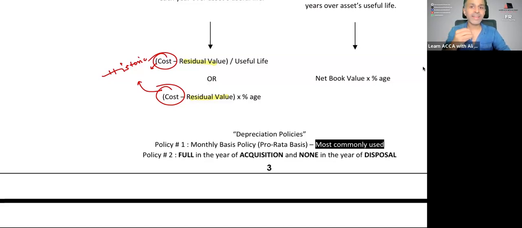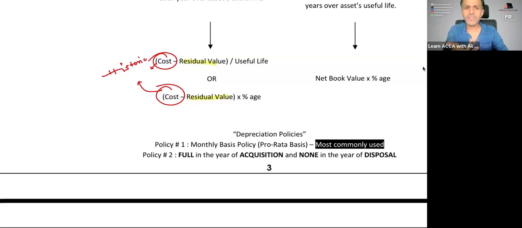The rate is 20%, because 20% multiplied by 5 equals 100% depreciated. Simple mathematics. If the life of the asset is 5 years, at what rate should I depreciate the asset 5 times so that it will be fully depreciated? Your answer has to be 20%, because 20% multiplied by 5 equals 100% depreciated.